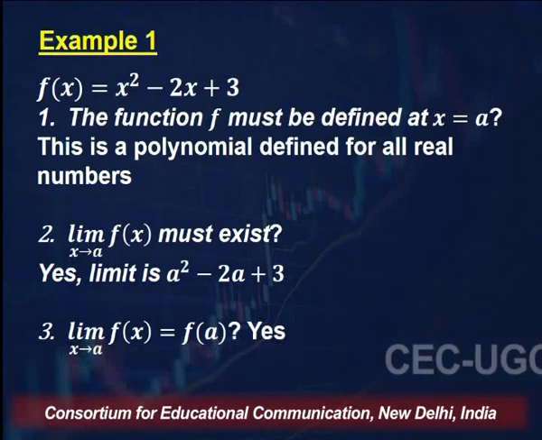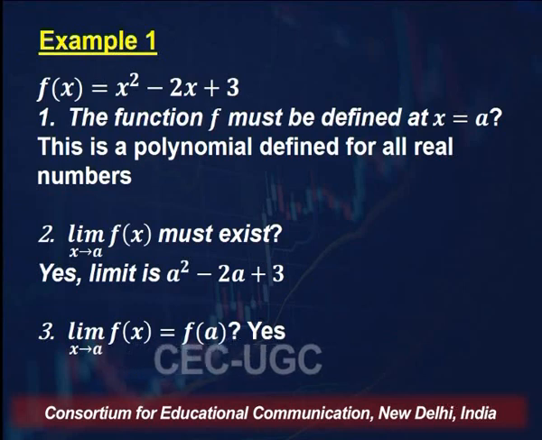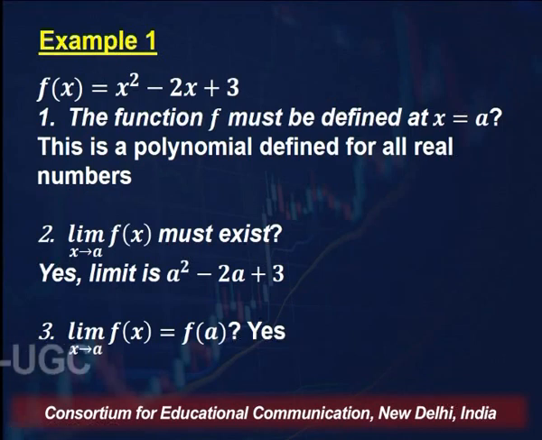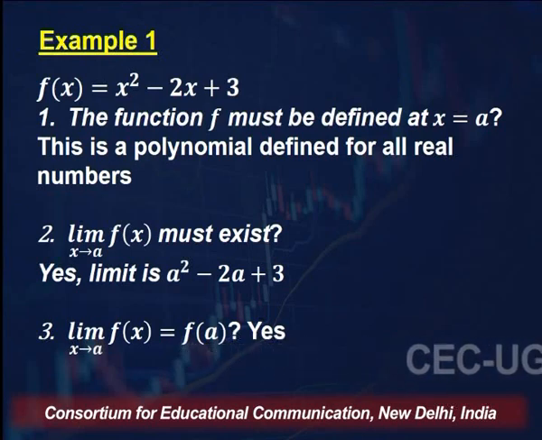The first thing to check is whether the function is defined at x = a. Clearly, this is a polynomial function, which is defined for all real numbers. So the function is defined at x = a. The first condition is fulfilled.